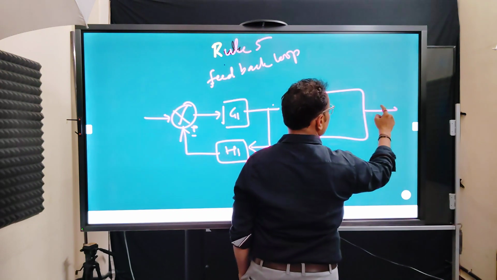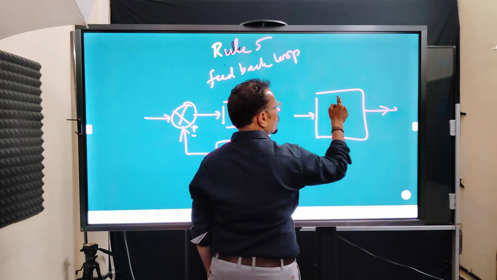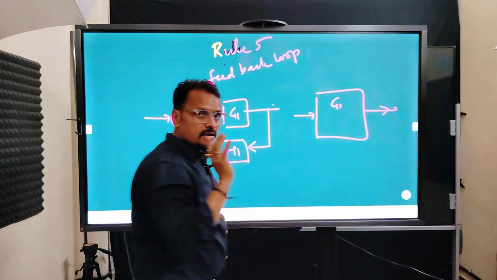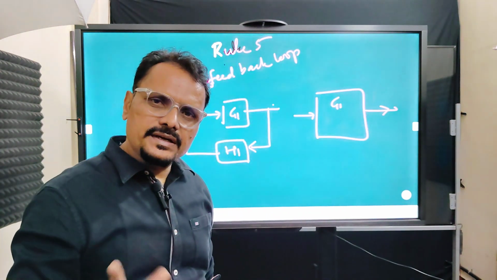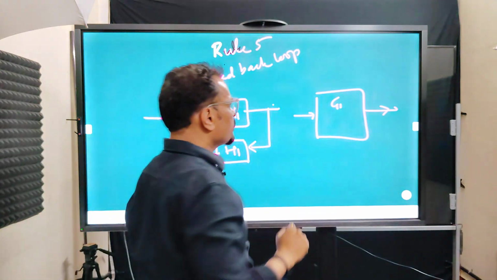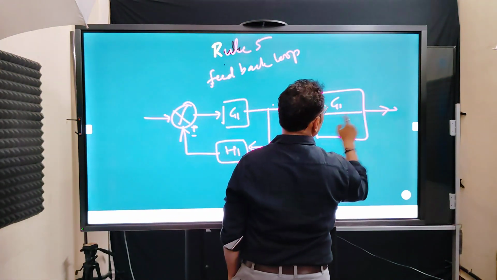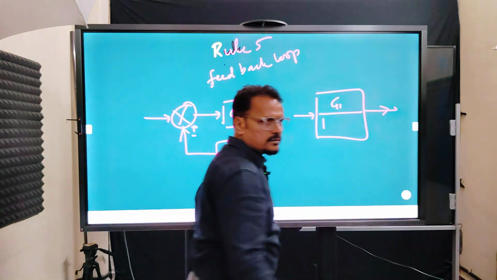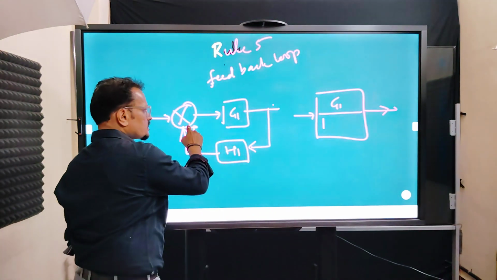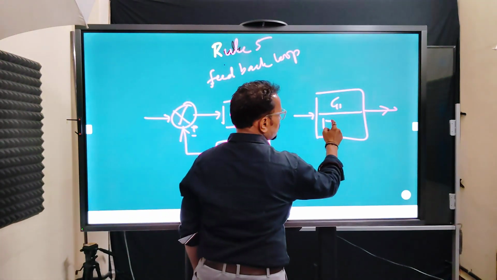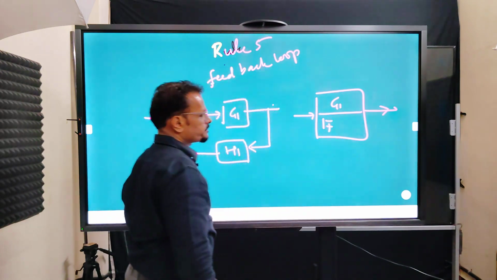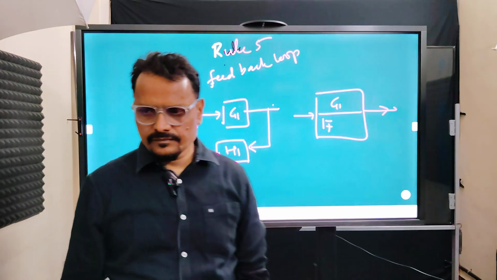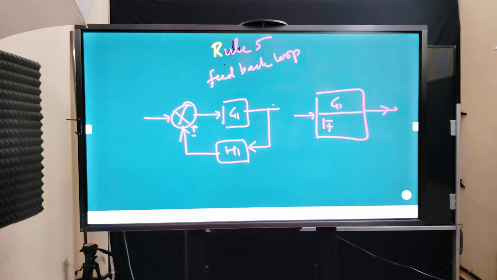The forward gain will appear here as it is. Remember this: forward gain will appear in the numerator as it is, and in the denominator we'll write 1. If this is plus, then we should write it as minus, and if it is minus, we should write it as plus.